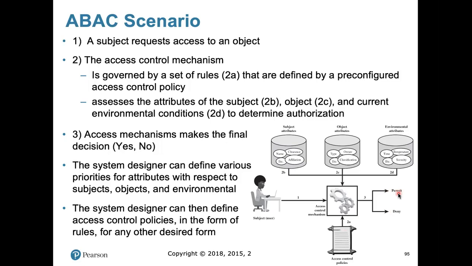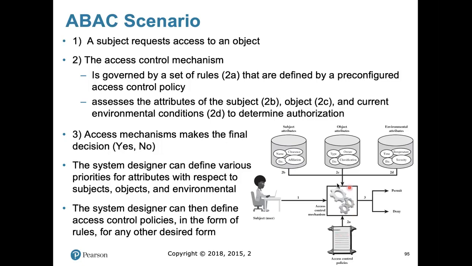Of course, not for all situations is this a good thing, but for some cases that might make sense: the access control mechanism, the engine that makes the final decision, looks at the rules, and if the rules are not exactly clear, at the end of the day the decision can be taken through a stochastic process or any other approach.